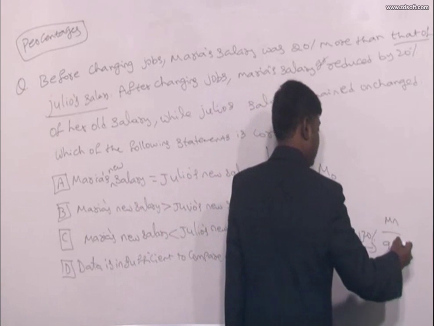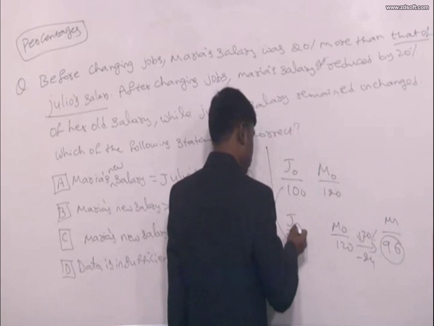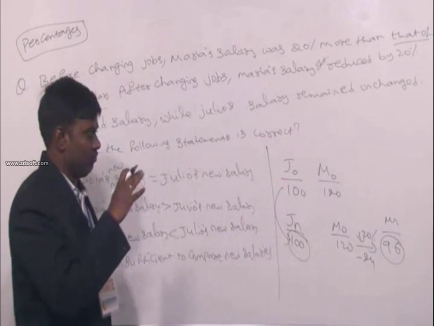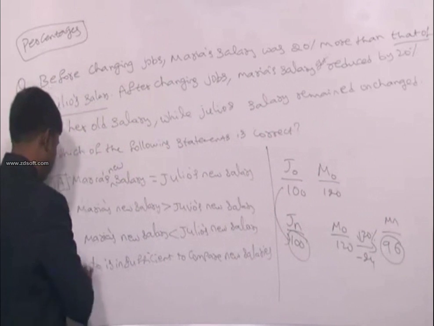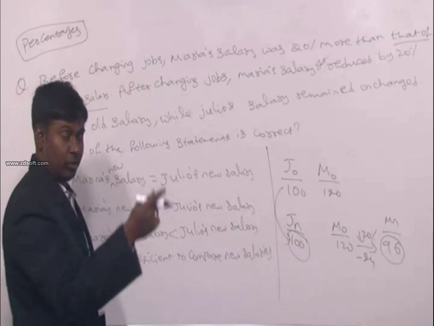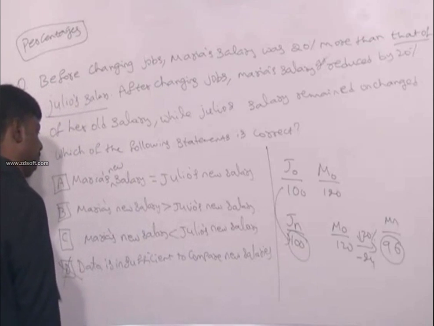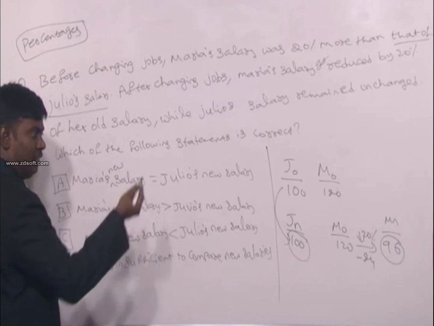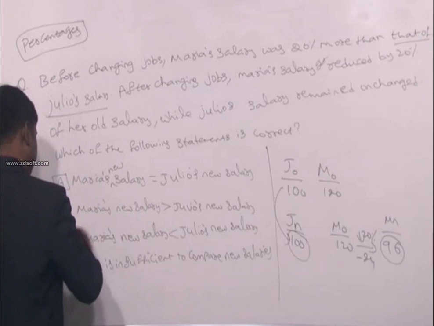This is Maria's new salary. Maria's new salary is 96, Julio's new salary is 100. Values are not given, but the data is sufficient for us to compare. Julio's new salary is more than Maria's new salary. Or in other words, Maria's new salary is less than Julio's new salary. That's the answer.